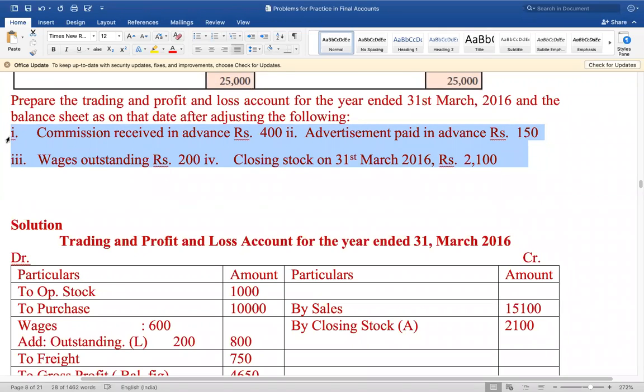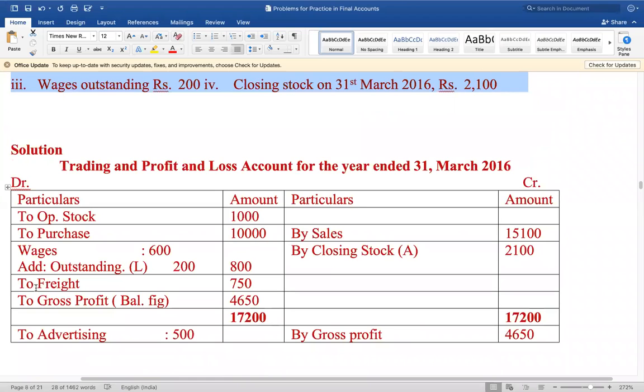Commission received in advance 400, advertisement paid in advance 150, wages outstanding 200, closing stock 2,100. These 4 points you have to give dual treatment, or two effects. Either it should appear in trading and balance sheet or profit and loss account and balance sheet.